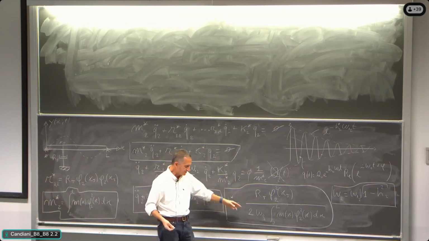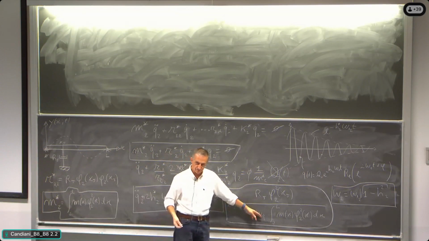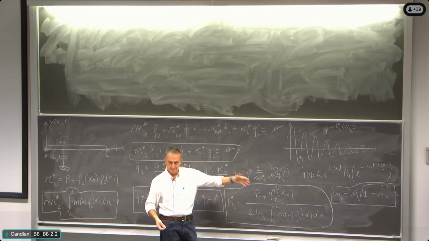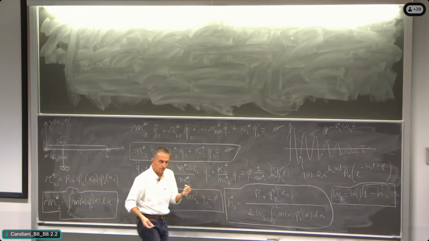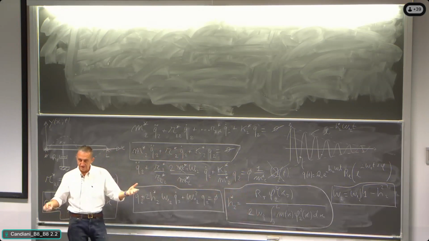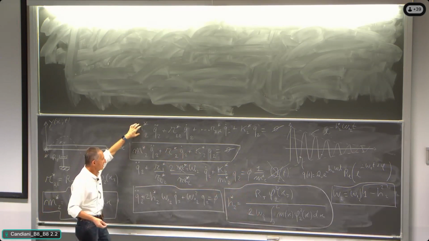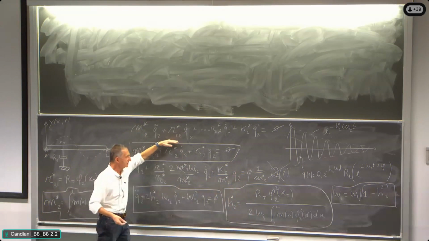And the critical damping is 2 times the natural frequency of mode 2 and the mass of equation 2. The mass of equation 2 is the modal mass of the mode. All right? So this quantity here goes behind here.